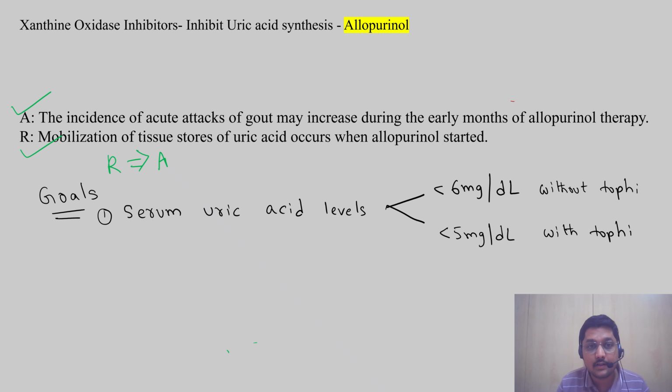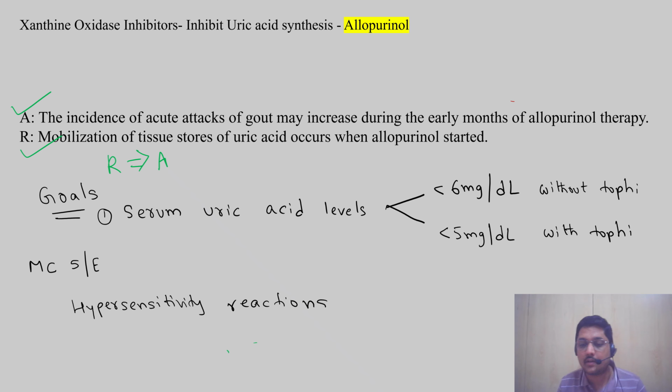What are the side effects of allopurinol? Most common side effect is hypersensitivity reaction. Okay, when do these hypersensitivity reactions occur?